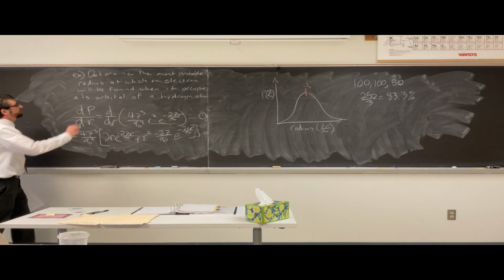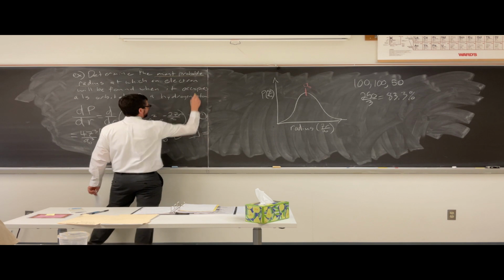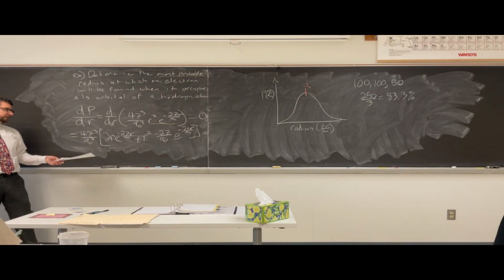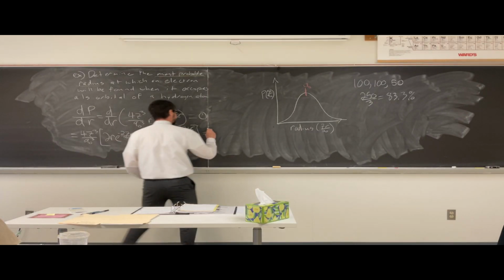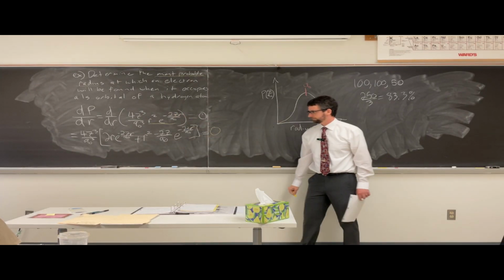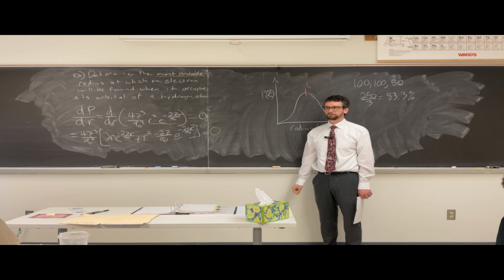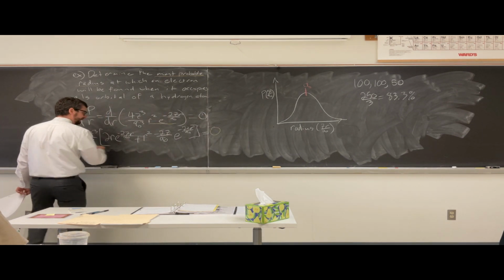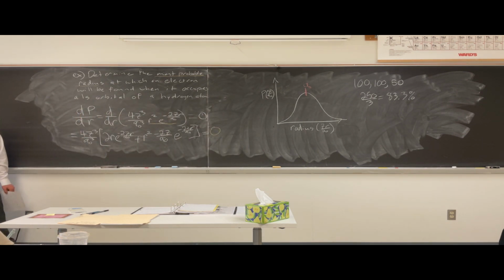Yep, we're trying to solve for the most probable radius, r. So we got to isolate r by itself. What would you do to make this easier, given that this side is equal to 0? You can get constants out and reorganize.